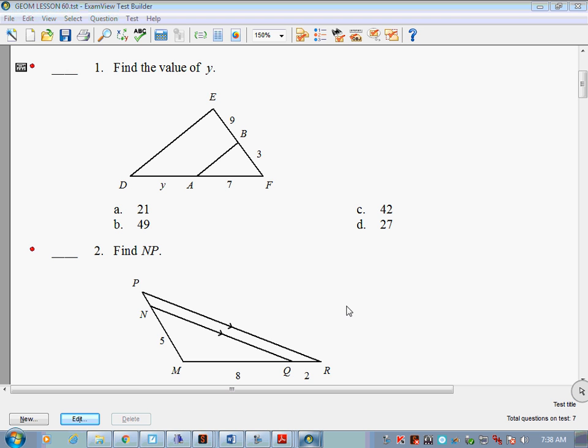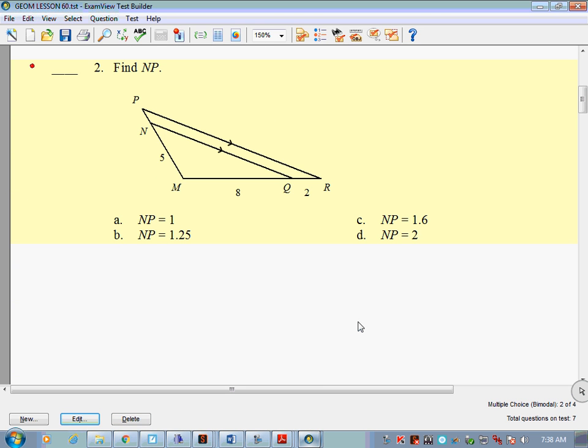All right, let's come down to our next question. Number 2, find NP. NP is right here, so let's identify that. Let's call that x. That's going to be x over 5 is going to be equal to 2 over 8.